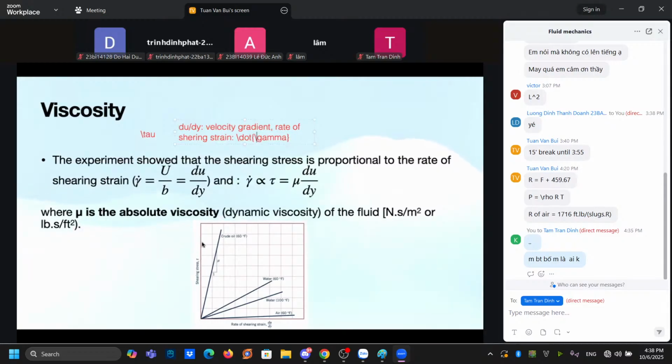The shearing stress for crude oil is very large compared to water and air. So in simple terms, viscosity is how much force is needed to slide one layer over another at a certain speed. Okay? You look at this equation.